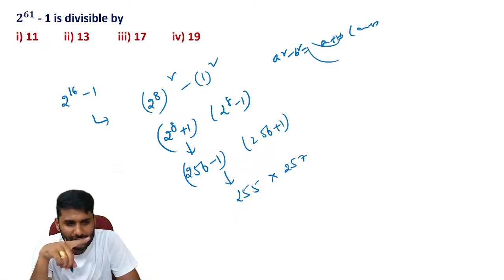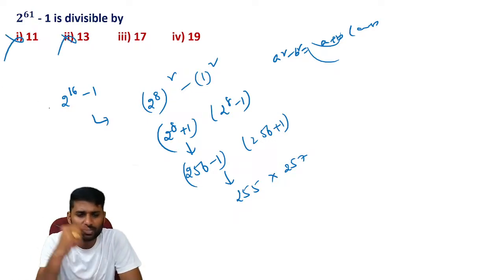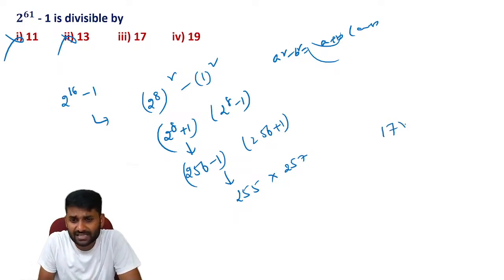And you already know that. Let's go through the option verification here. 255 and 257, both the numbers are not divisible by 13, and it is not divisible by 11 either. Let's check with 17 here. 17 multiplied with 1 is 17.